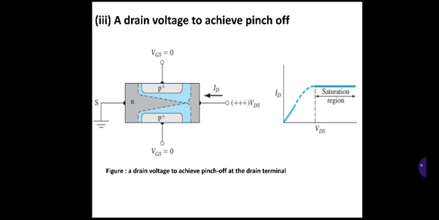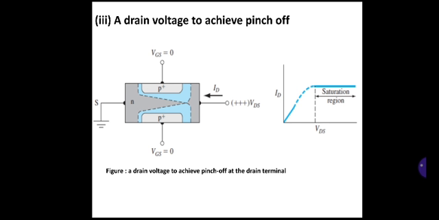This happens when you increase the drain voltage VDS, that is plus VDS, a higher positive voltage at the drain terminal, to achieve the pinch off.